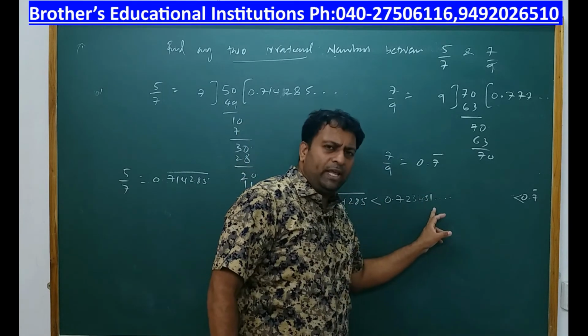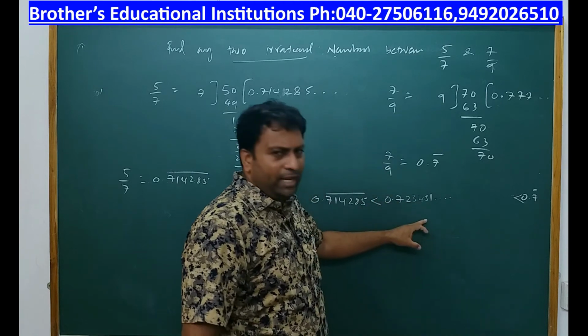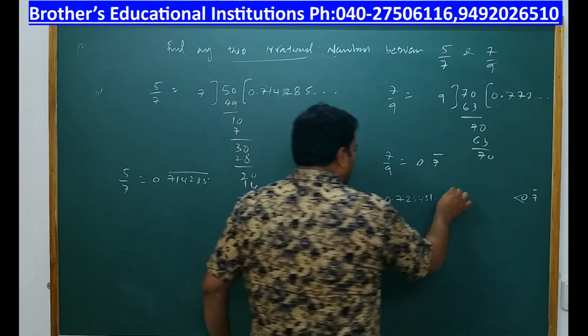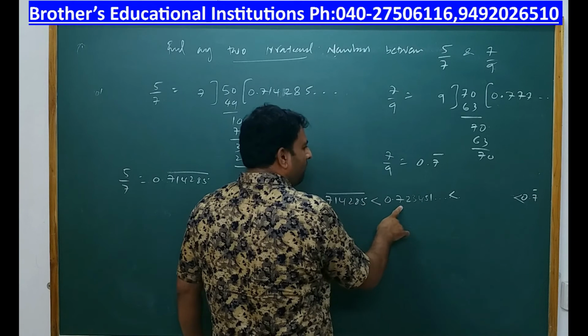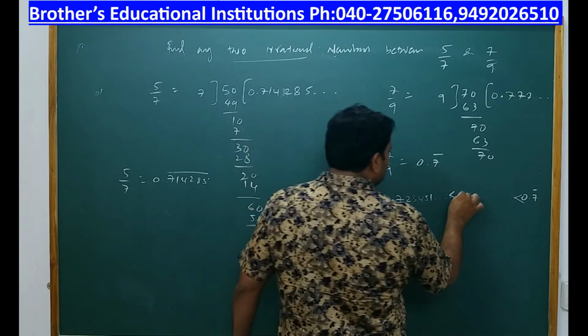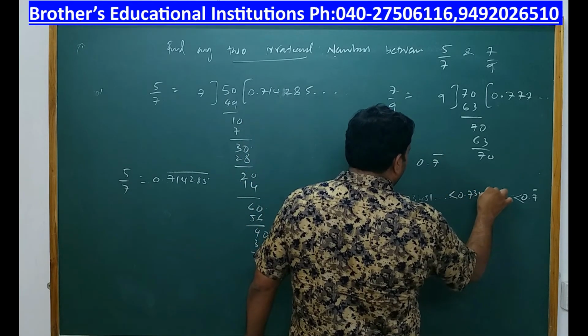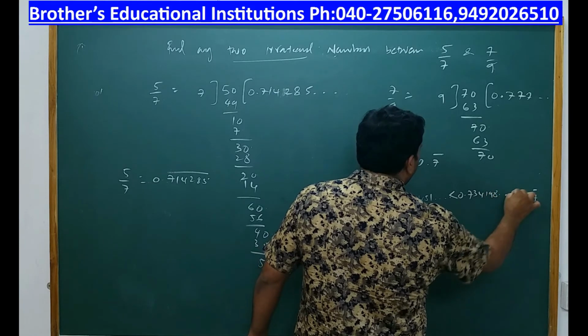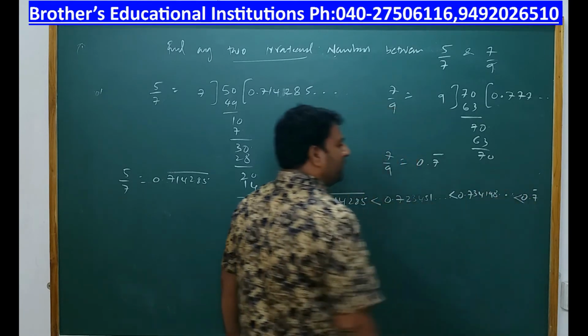Is any digit repeating? No. Non-repeating, non-terminating. Again, after 7 2 I will write 7 3. 0.734198 and so on is less than 0.77.